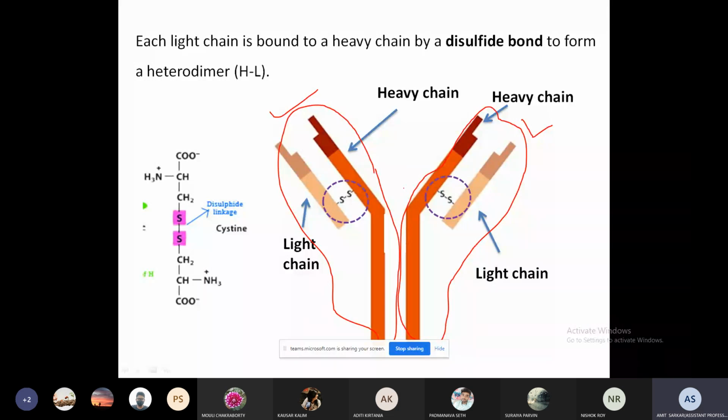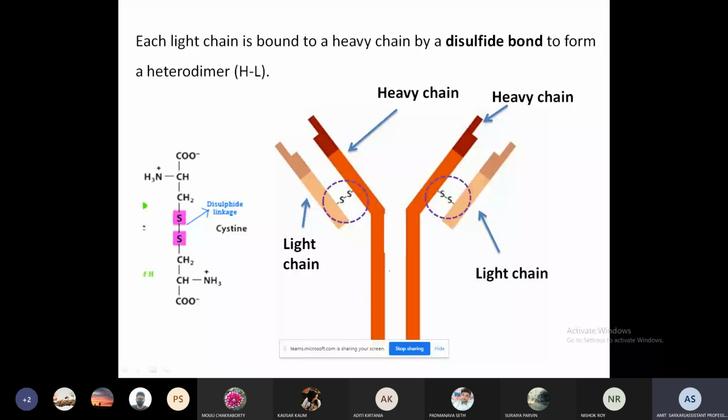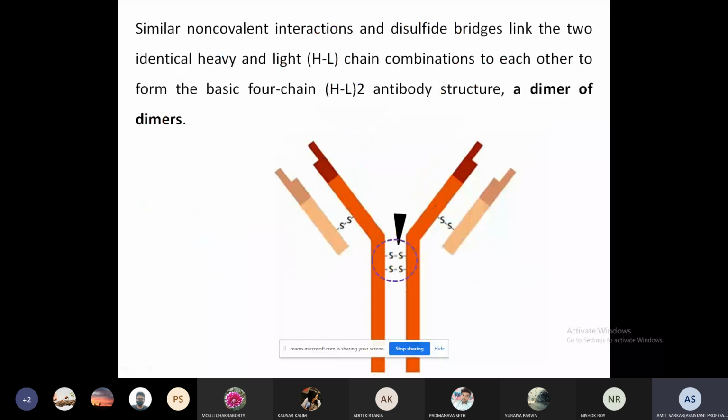The last question is how these two heterodimers are bound to each other. The two heavy chains are bound to each other by disulfide bond. The only difference is that the number of disulfide bonds is 2, not 1. Here one disulfide bond when the heavy chain and light chain bind to each other, but in intra-heavy chain bonding, we get 2 disulfide bonds.